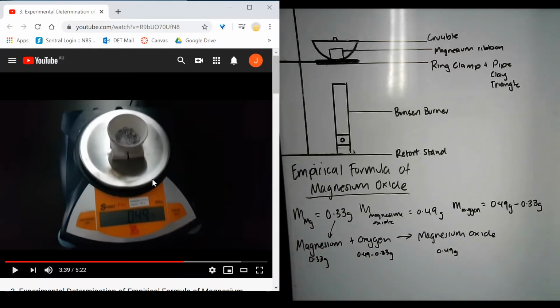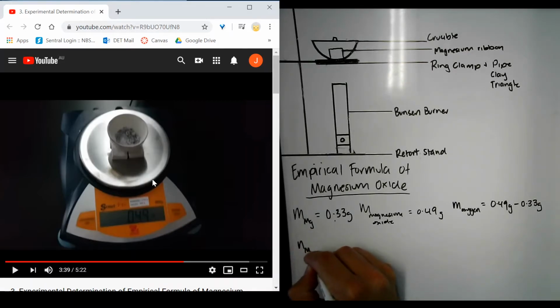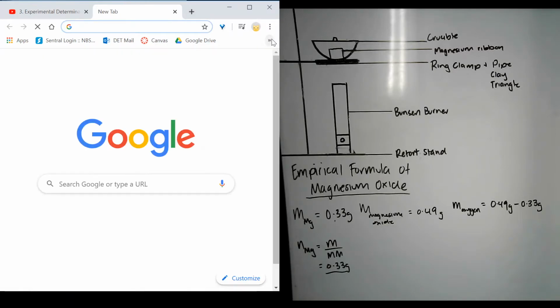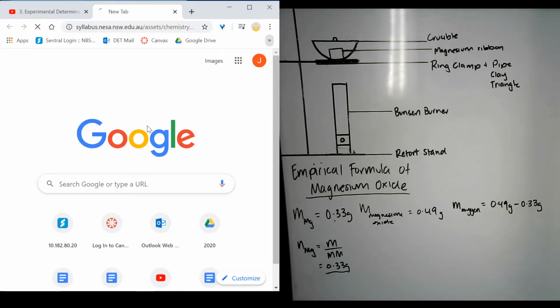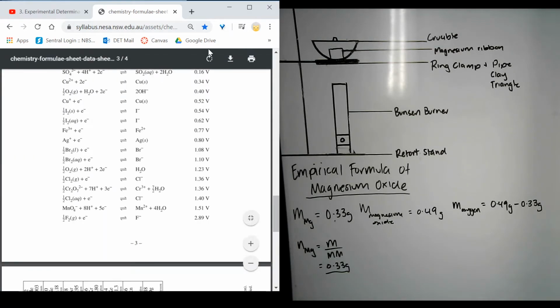Now, to calculate that empirical formula, we need to calculate the number of moles for each of these. So let's go ahead and do that. My number of moles of magnesium is equal to mass on molar mass, which is 0.33 grams divided by my molar mass of magnesium. I think it's 24.35, but let's check that on our data sheet. Don't assume anything ever.